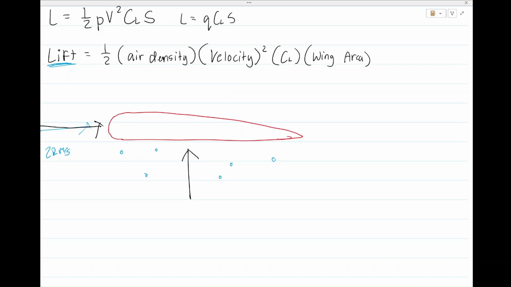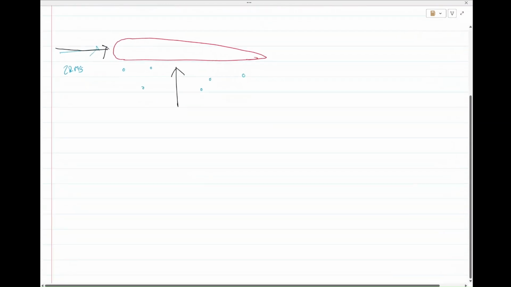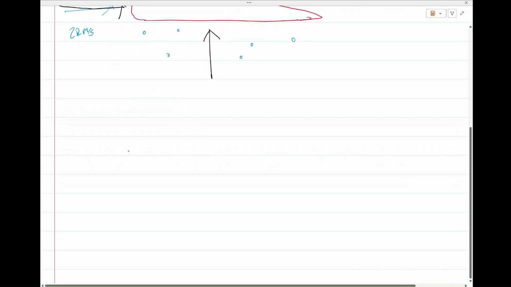Next, coefficient of lift. This coefficient of lift is how well your airfoil is generating lift at whatever angle of attack you're at, right? I say angle of attack, but it can be due to a bunch of parameters. So let's talk about coefficient of lift for a second. Let's say you have an airfoil that looks like this, right?